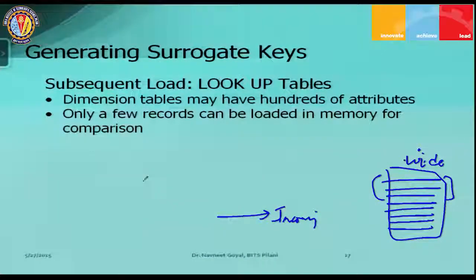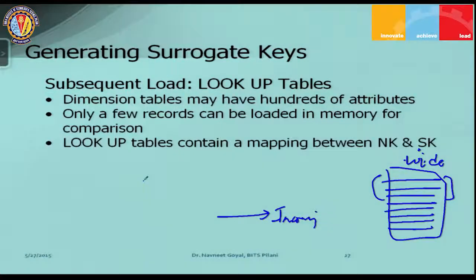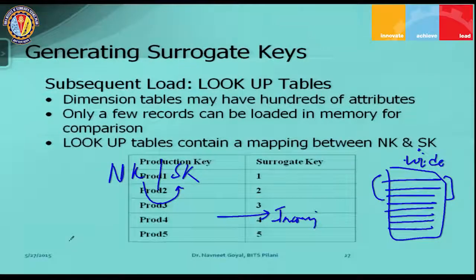So what we do is we introduce what are called lookup tables, where there is just a mapping between a natural key and the corresponding surrogate key. And since we use type 2 change most commonly, the latest assignment of the surrogate key to a given natural key is mapped into this table. So this is how it looks.